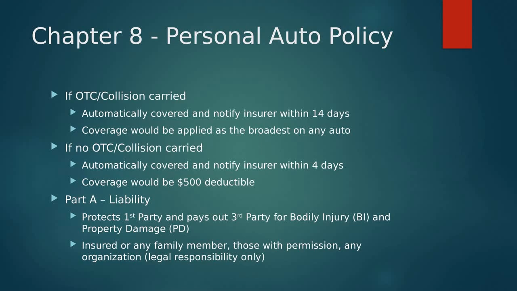So you have a 14-day period to get back to the insurance company to get that added onto the policy, and the coverage applied to that automobile would be the broadest that you have on any automobile on that existing policy already. So you get the best coverage that you already have.